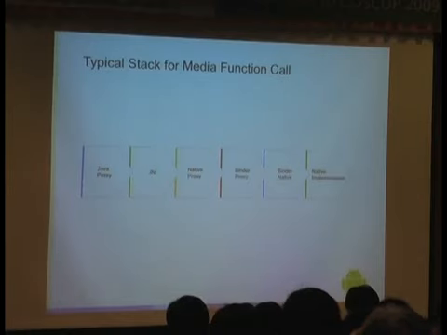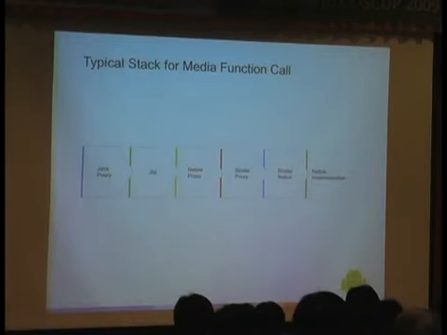So the binder is an interface between two processes, inter-process communication mechanism, or remote procedures, if you want to call it that. So what binder does is it takes a packet of data and it turns it into a packet that's moved across the inter-process communication boundary.